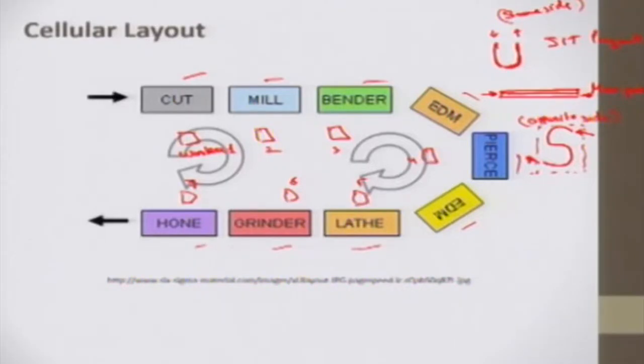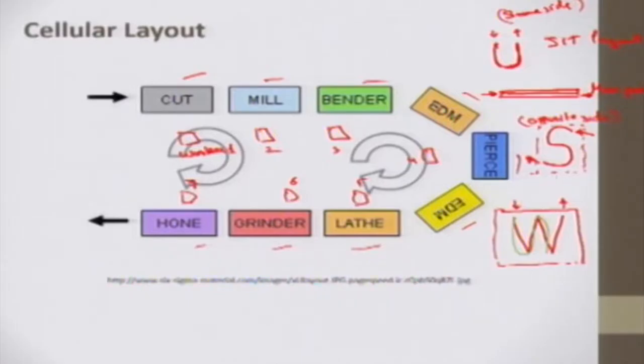The combination of U and S layout is a W kind of pattern. So here we can see in W we also have kind of S here. This S is here. So this is also used when in a small space a large line is to be fit in, but receiving and shipping is required on the same side.